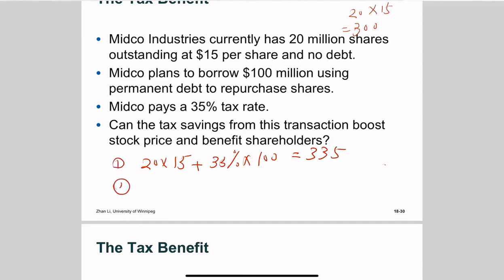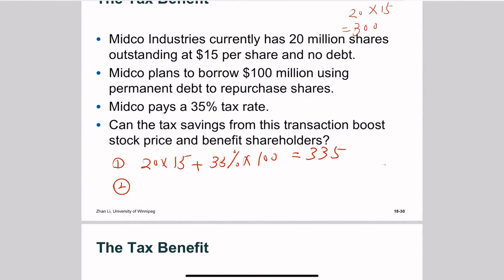Now, what is the second step? Well, if every shareholder understands this process, that is, using debt will increase the firm's value, then every shareholder will want to demand a higher share price.